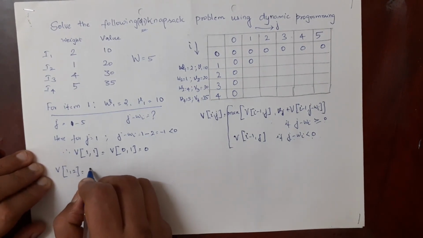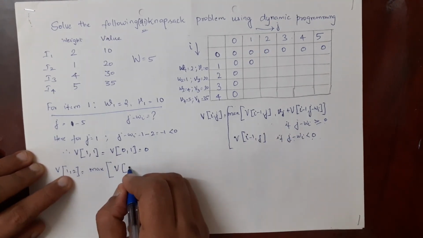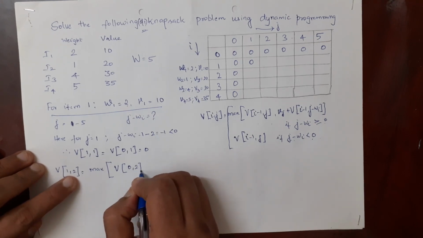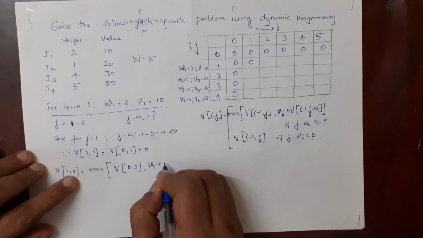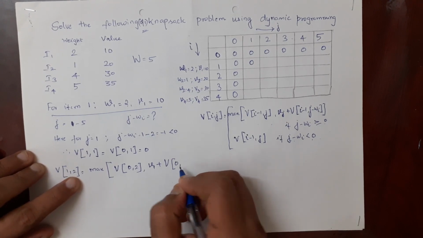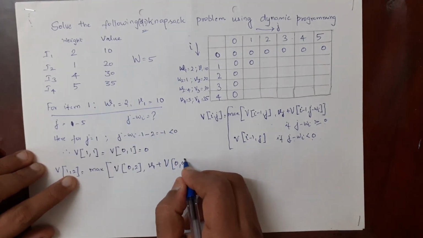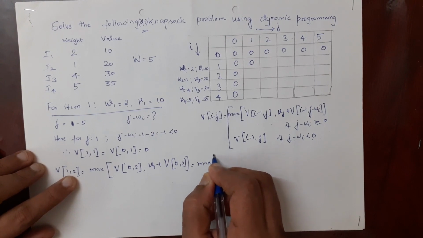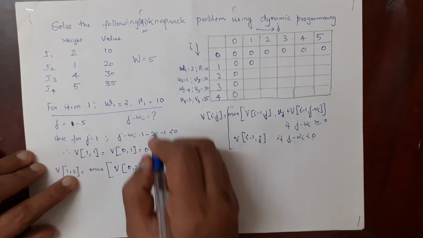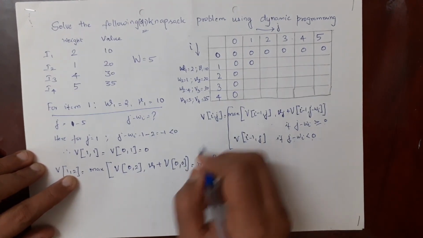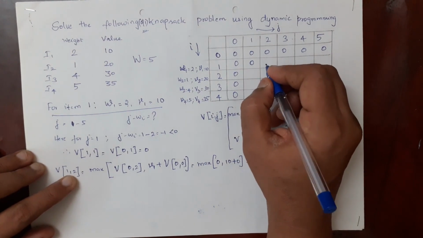For this we have to find which one is maximum: V of i minus 1, that is 1 minus 1, which is 0, comma j value 2, or the value v1 of this item plus V of i minus 1, that is 0, comma j minus w_i. j is 2 minus the weight 2, which is 0. So we find the maximum of V of 0 comma 2, which is 0, or the value of this item, 10, plus V of 0 comma 0, which is 0. Which one is maximum? 10. So we fill 10 here.